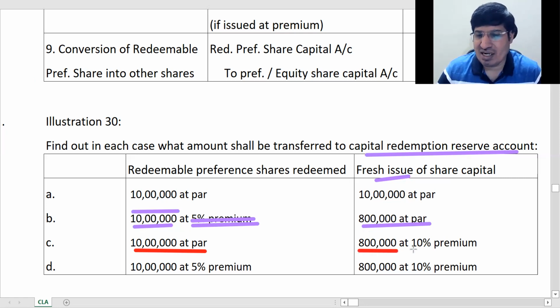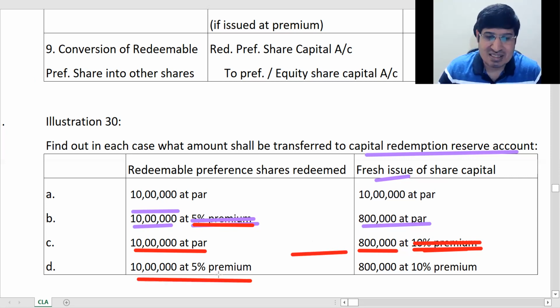You are getting it at 10% premium. So this premium will go to securities premium account. So this premium anyway you cannot use for CRR account, right? So premium either this side or this side is not useful for us. You only have to determine CRR account. You only have to see this 10 lakh and this 8 lakh. So here again it will be 2 lakhs.